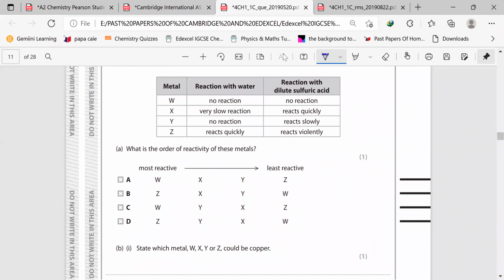Okay, I'm going to go with B. Z is most reactive, and then X, the second most reactive after Z, reacts quickly. Then Y reacts slowly. Okay, B is the correct answer.